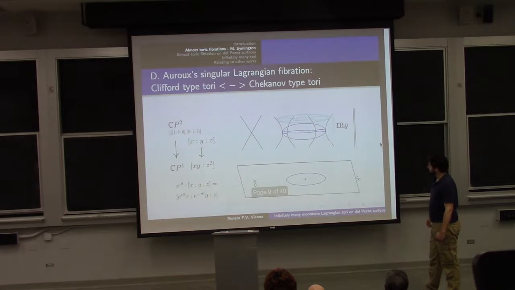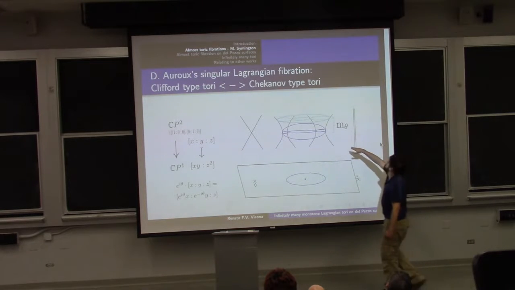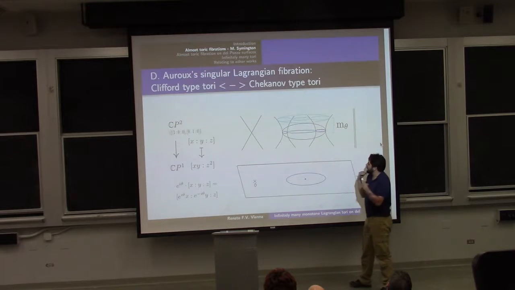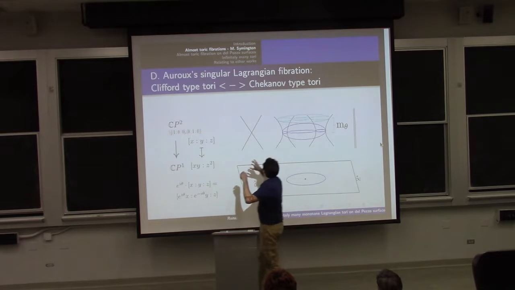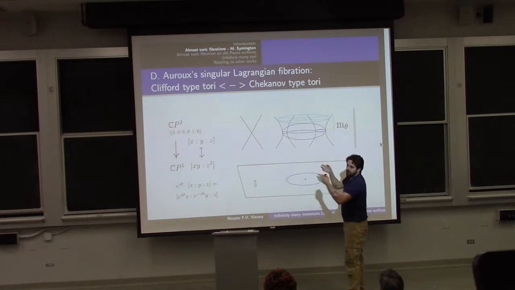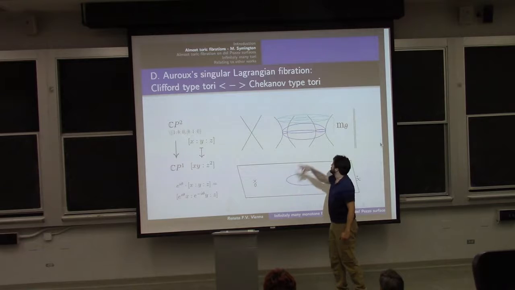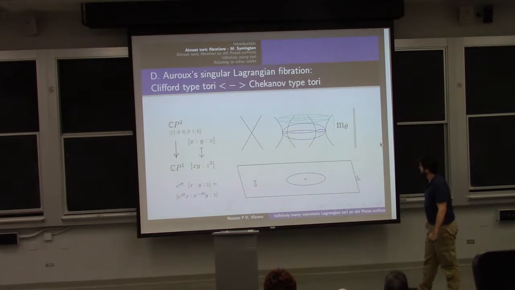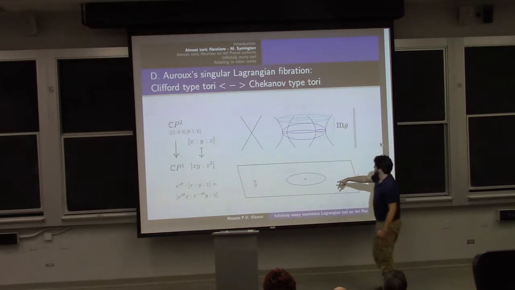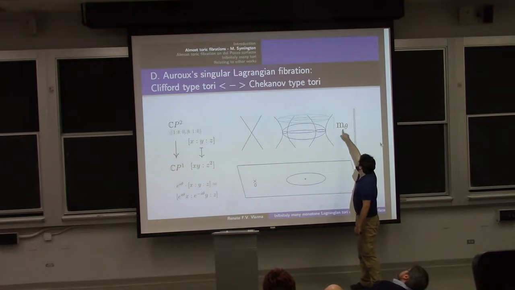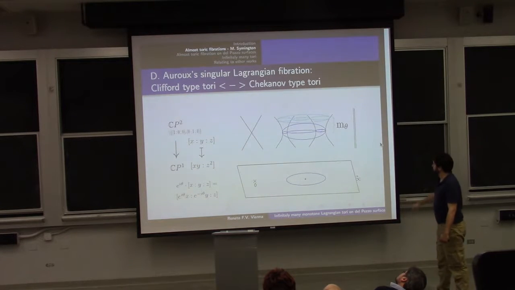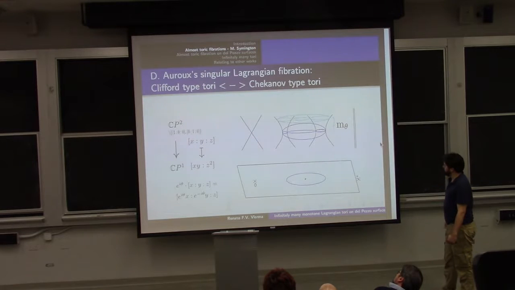Then we see that we have different heights. So what I want now is to use this auxiliary Lefschetz pencil to foliate my CP2 with Lagrangian tori. Over the same circle lies a one-dimensional family of tori that can be distinguished by looking at the moment map of this S1 action.